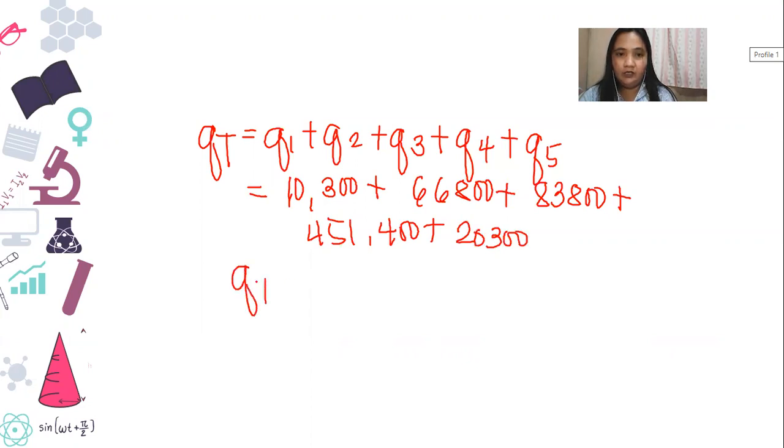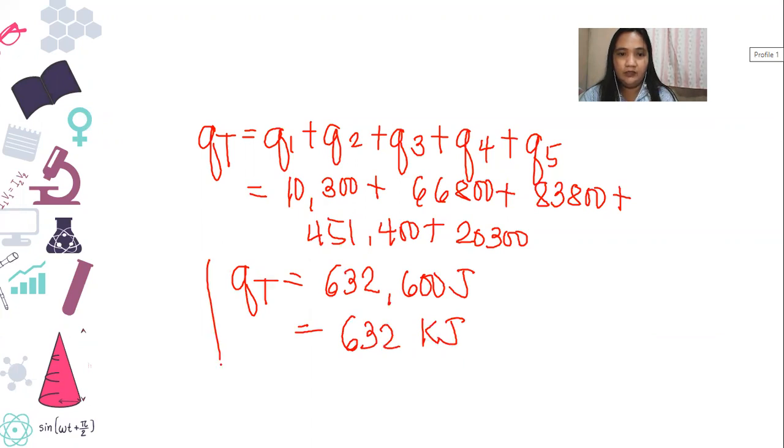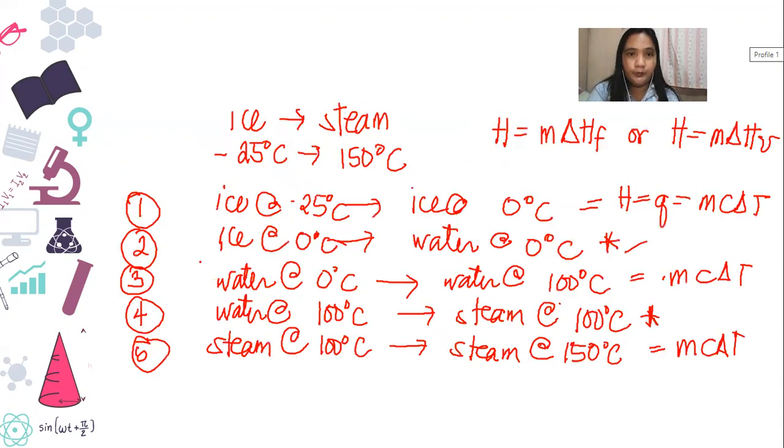Our QT is equal to 632,600 joules, or 632 kilojoules. I hope that's clear.